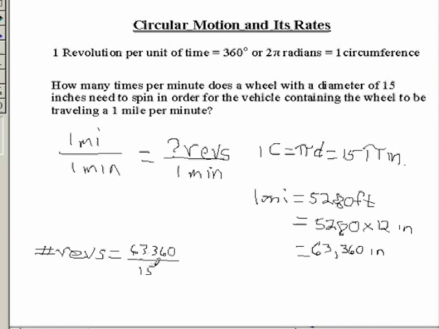63,360 inches divided by 15 pi inches. And notice these are both in inches, and so those are going to cancel. This is how much we've revolved. And if we just reduce the fraction, then we'd have an exact answer, but let's go ahead and round this off to, well, let's say hundredths.